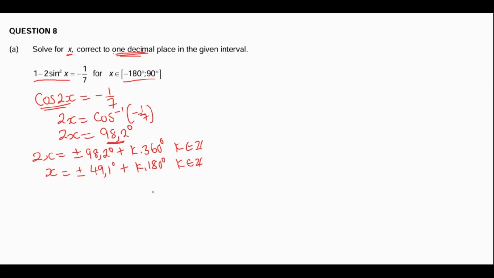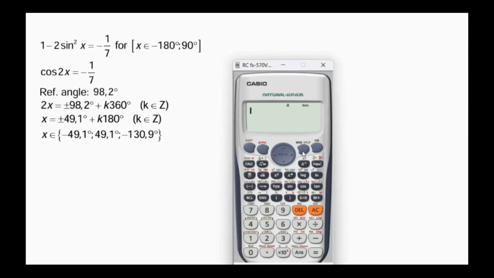Let's just do that. You go to mode and then you look for the table. In some calculators, the table is on number 3. In this calculator it is 7, so it's table. Then after this, you can enter your equation.